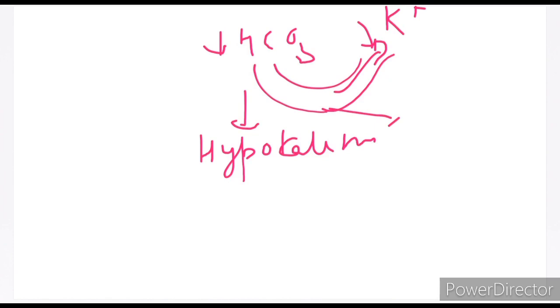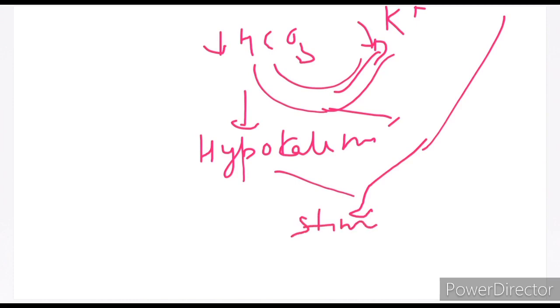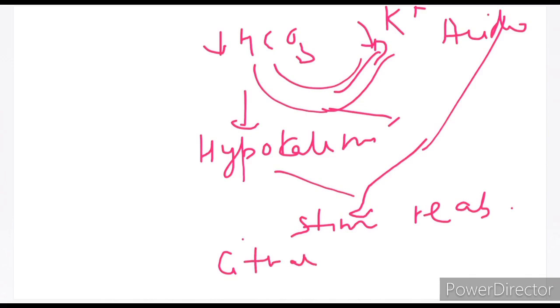Acidosis and hypokalemia stimulate resorption of citrate through the proximal tubule.